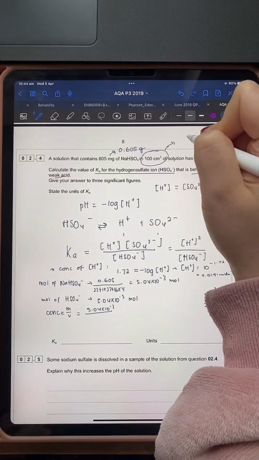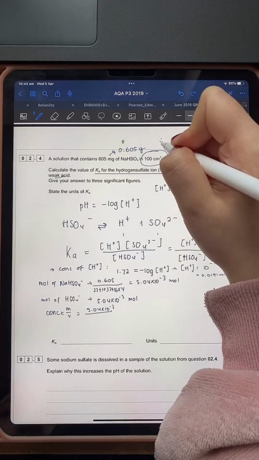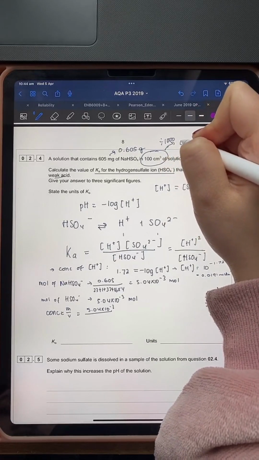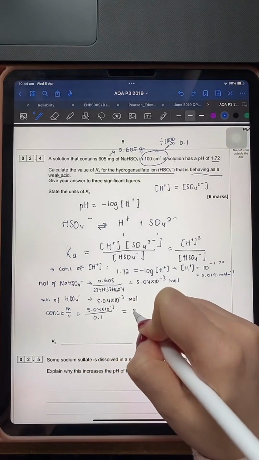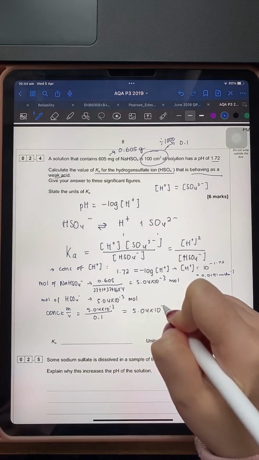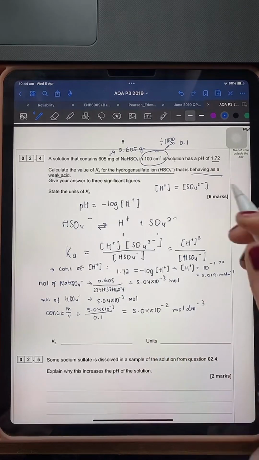So you have to divide that by 1,000. So divide by 0.1, you get 5.04 times 10 to the minus 2 mole dm minus 3.